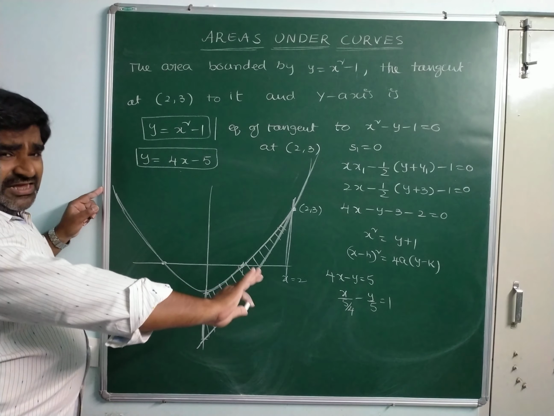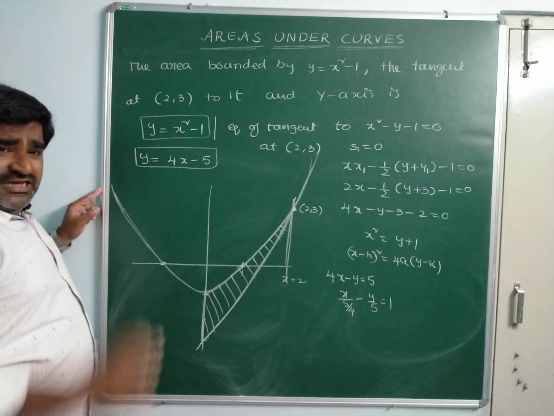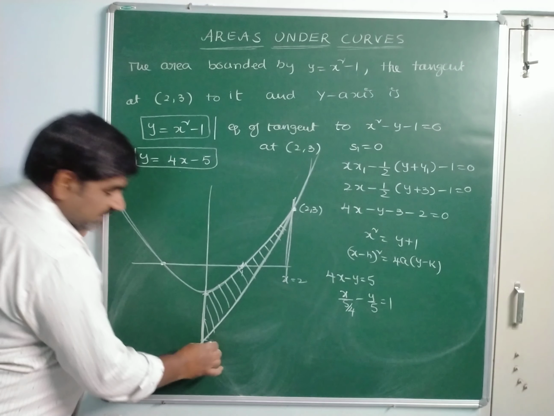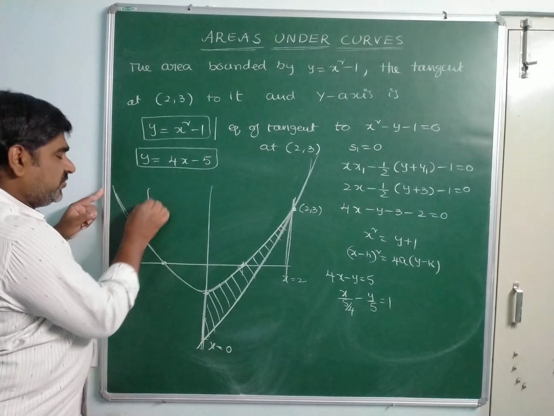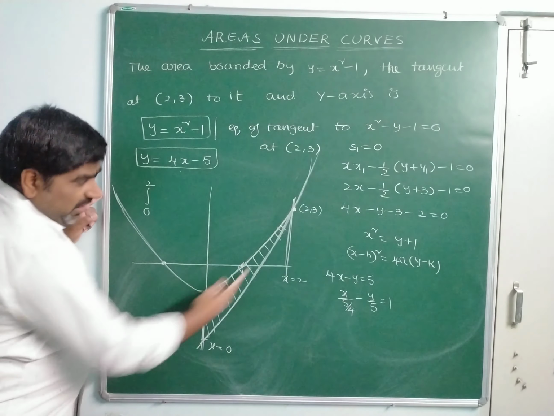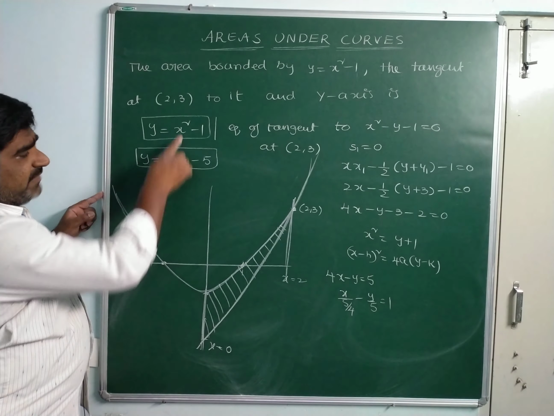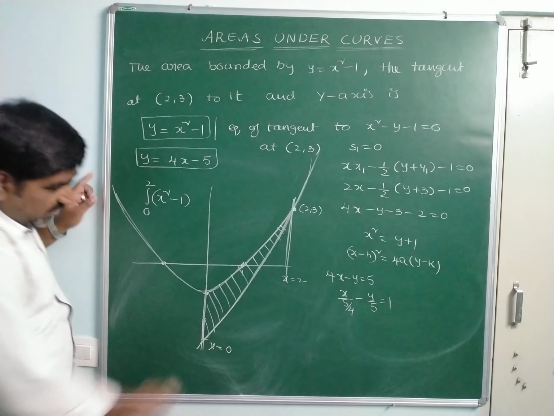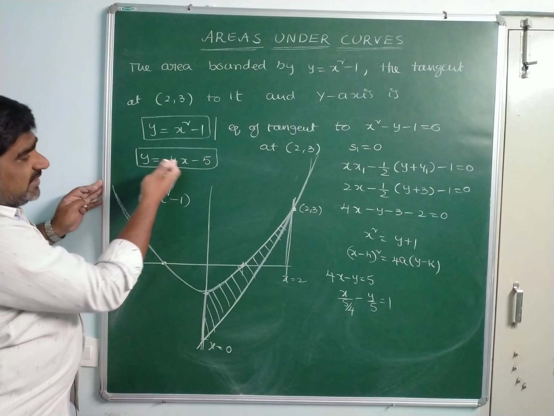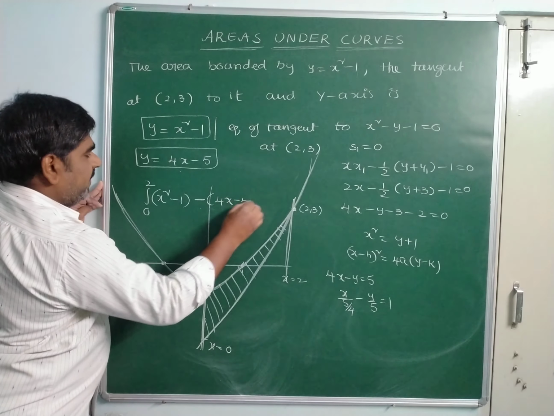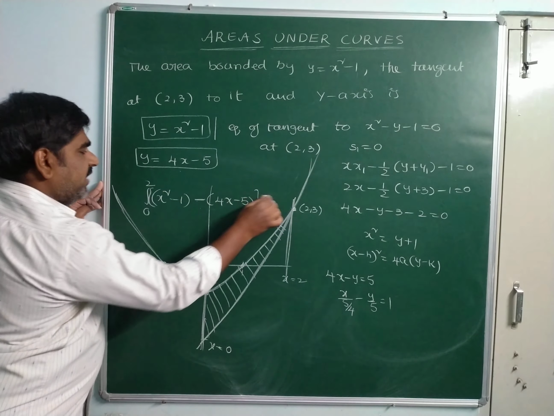So after tracing a curve, as I said, integration is very easy. This is the line x equals to 0. So integral 0 to 2. In this region, the upper curve is the parabola x square minus 1, and the lower curve is a straight line, nothing but the tangent. So minus of 4x minus 5, dx.